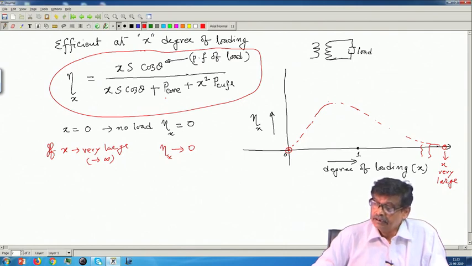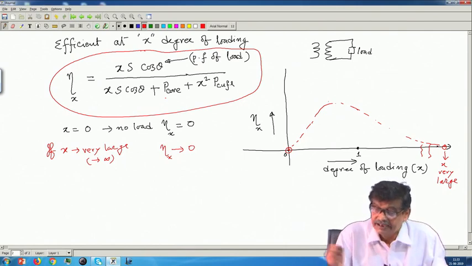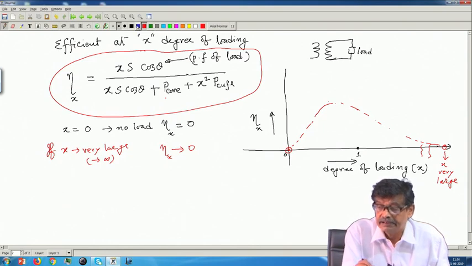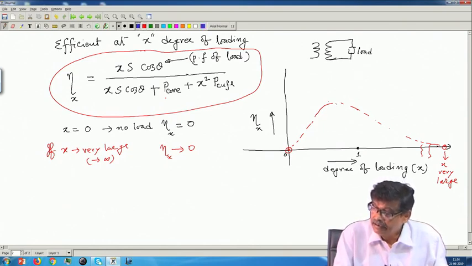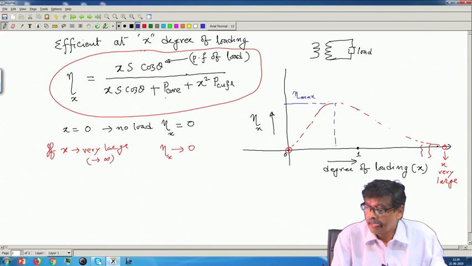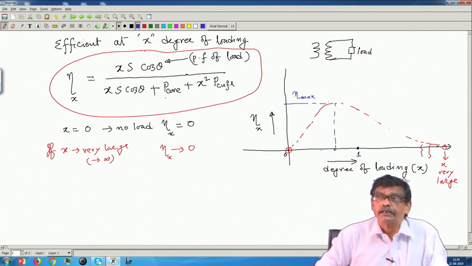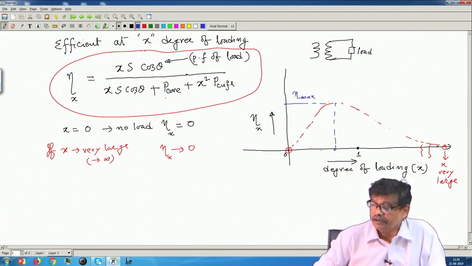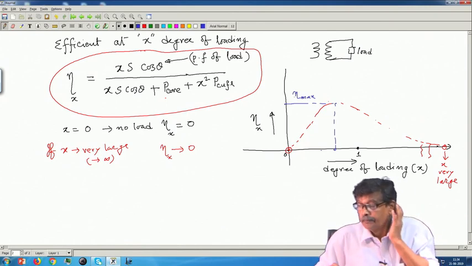Okay. In other words, what I am telling is, I would expect that efficiency will have some eta max at some degree of loading. Got the point? So, this is the thing.